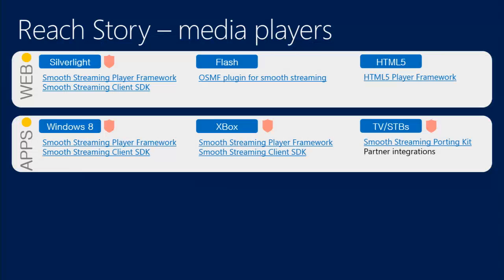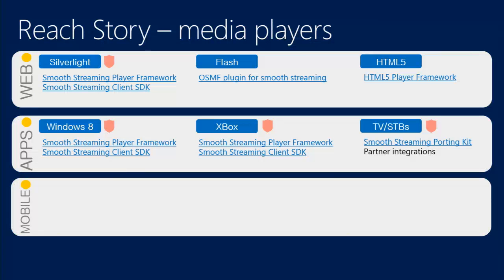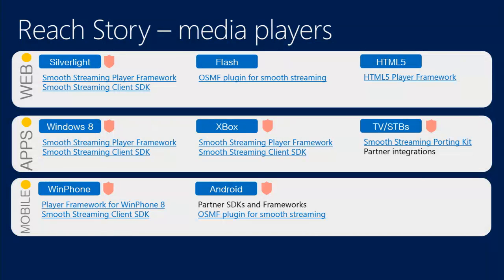The rest of the player framework is free. And lastly, looking into the mobile tier, we have a player framework for Windows Phone so that you can add similar things, Smooth Streaming with PlayReady content protection, onto Windows Phone, and Android devices. This is the one SDK for which we don't have a first-party solution by now. You have to go through a partner SDK and framework to enable that.